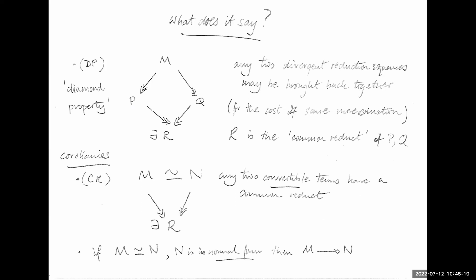If I just said p is less than or equal to m, and q is less than or equal to m, I'd have lost knowledge of the reductions that took place. And I need to know what reductions took place in order to piece together the common reduct. So actually, your intuition in terms of what the overall structural picture is, is good. But by taking that big picture, you're losing all the intricate calculation going on inside, which we're now going to exploit. Is that reasonable? Yeah.